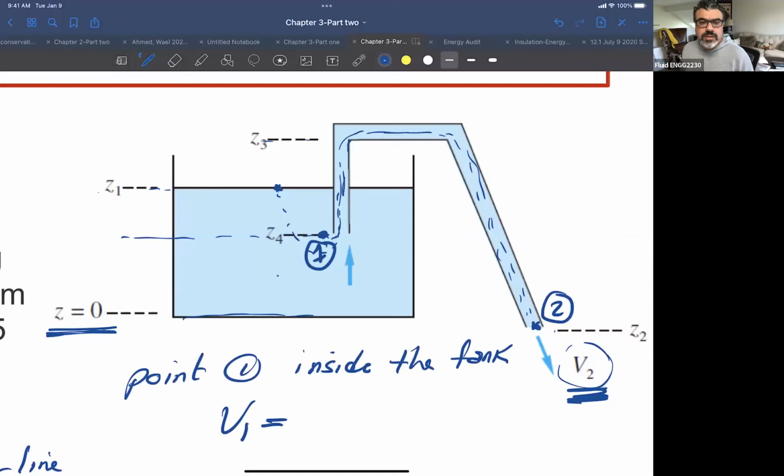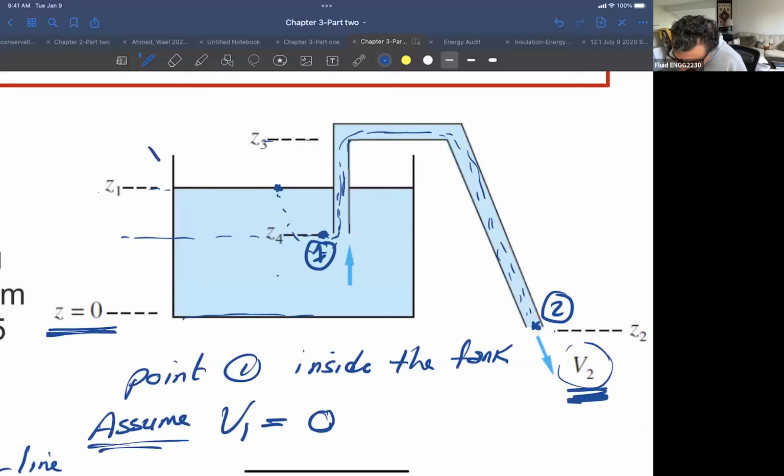If point 1 is inside the tank, what will be the velocity of point 1? 0. Okay. Everybody agree with this? In reality, it's going to be some value, right? But what we can do is we can assume the velocity of the tank. And this is a very valid assumption in all fluid mechanics.